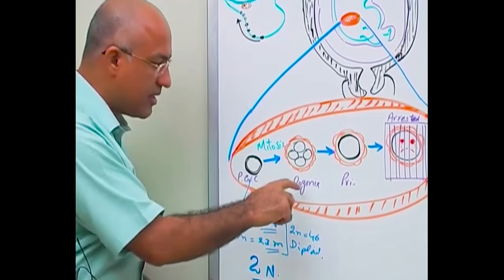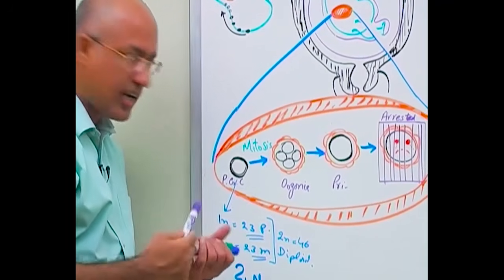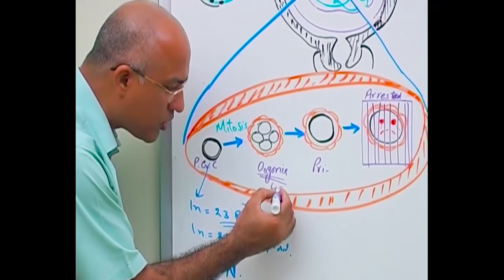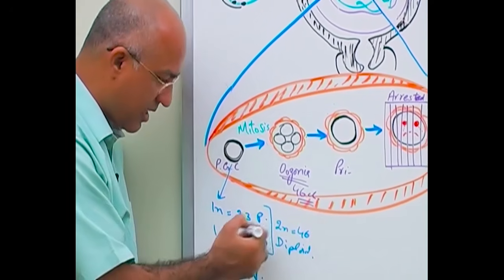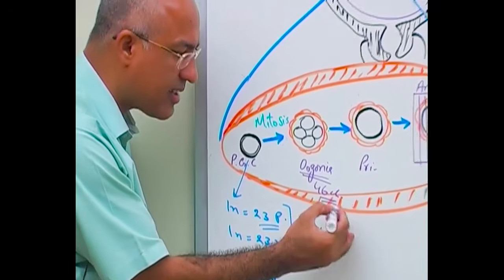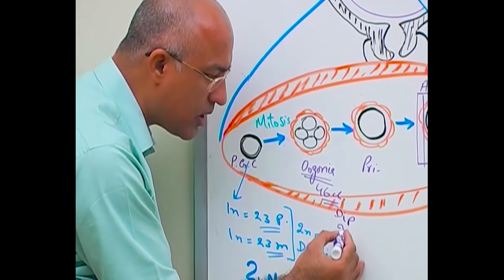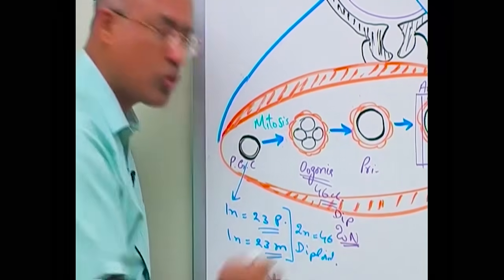This means oogonia also have 46 chromosomes. Like primordial germ cells, they are diploid cells, and the amount of DNA is 2n.